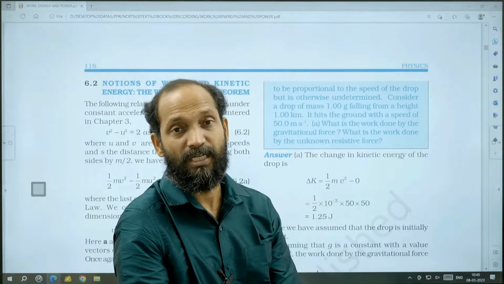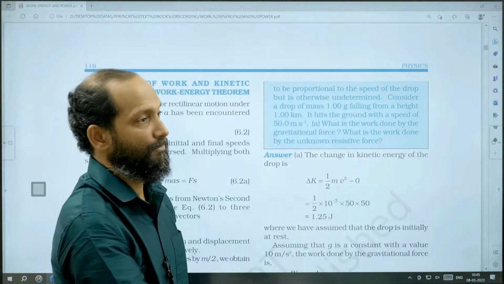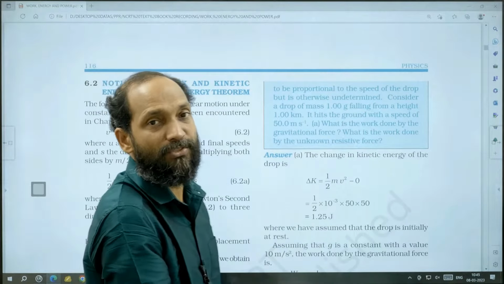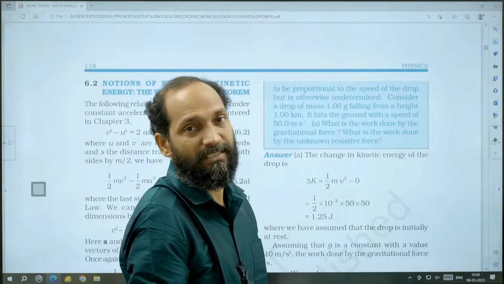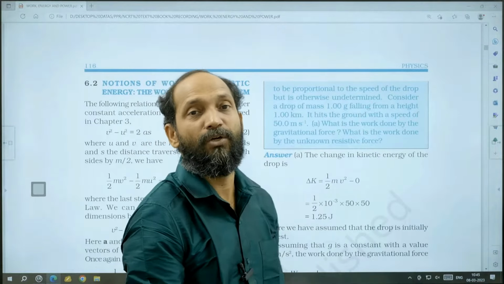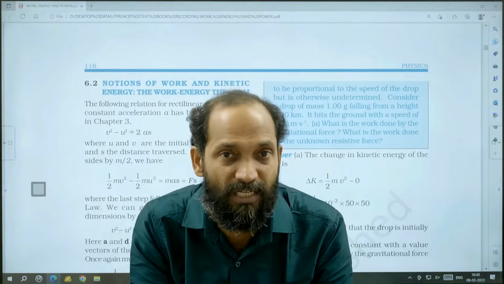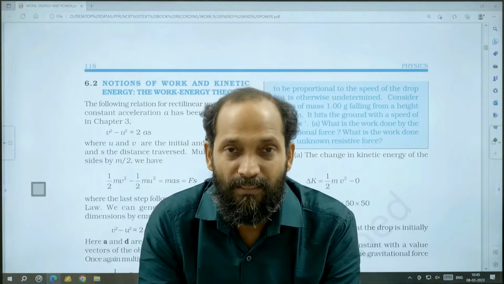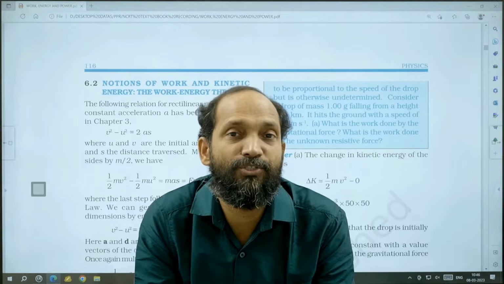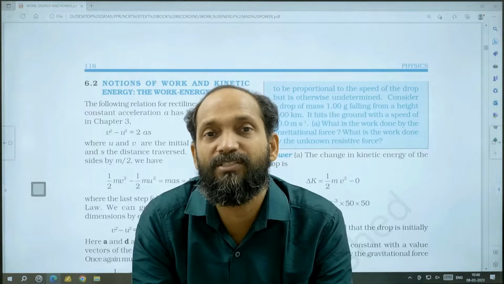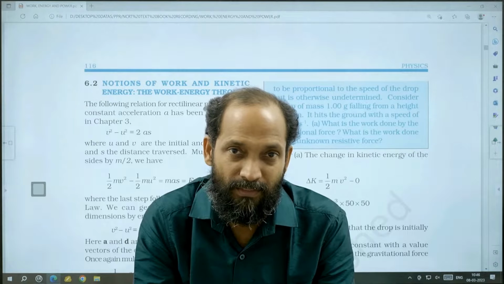That's why frictional forces are non-conservative. Non-conservative forces do not have their own potential energy. So the work done by non-conservative forces cannot make any change in potential energy. But if a conservative force is doing work, that can change potential energy.